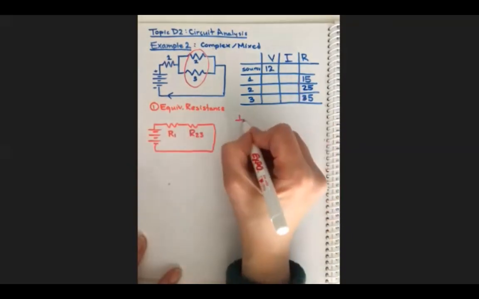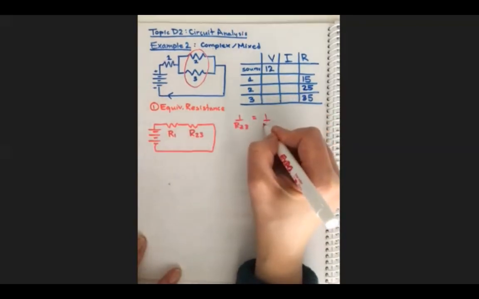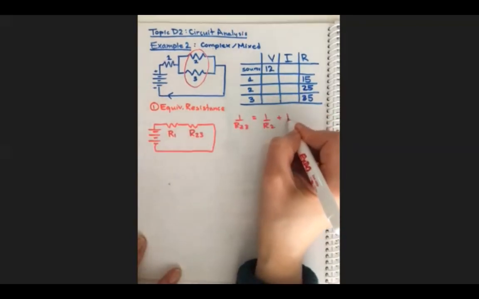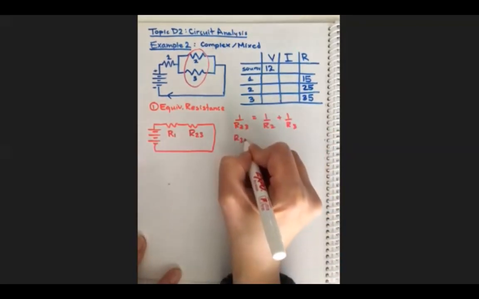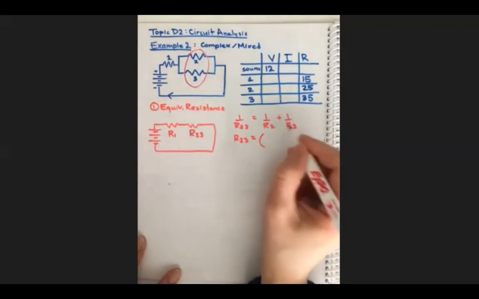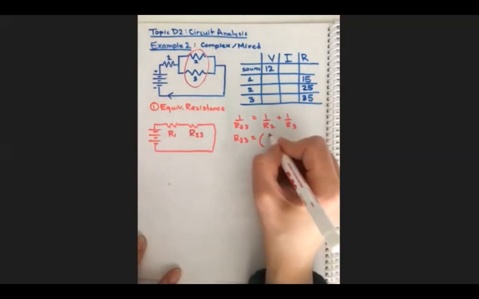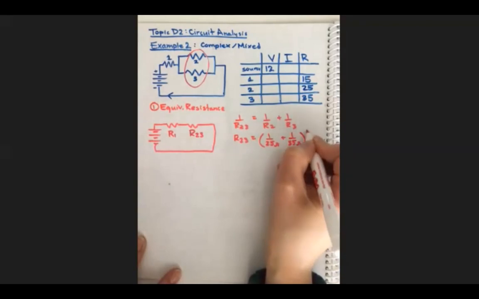So 1 over R23, we're going to use the parallel formula because it's a parallel connection: 1 over R2 plus 1 over R3. To get R23, we're going to have to do the reciprocal of this. So 1 over 25 ohms plus 1 over 35 ohms.